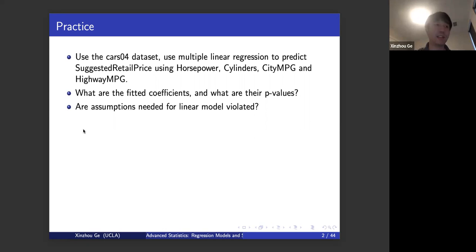So in this case, the assumption is still about the residuals. So we still assume that the residuals come from a normal distribution, which is the same for all the observations. So it is needed to check whether this assumption is violated. And I will introduce how to check these assumptions later.